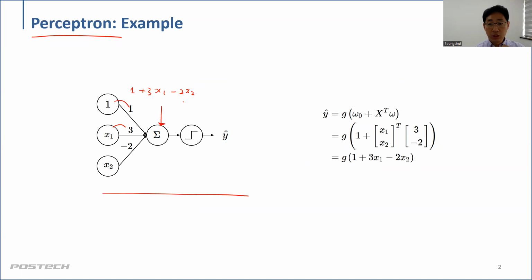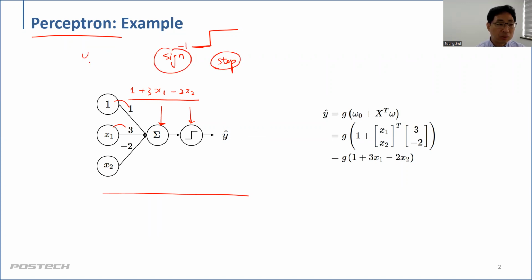And in order to induce non-linearity into the network, in the perceptron we use the sign function. Whether the value is positive, it is going to produce 1. Whether the value is negative, its sign is -1. Or you can use step functions as well, where the output is -1 or 1, or in that case the output is 0 or 1.